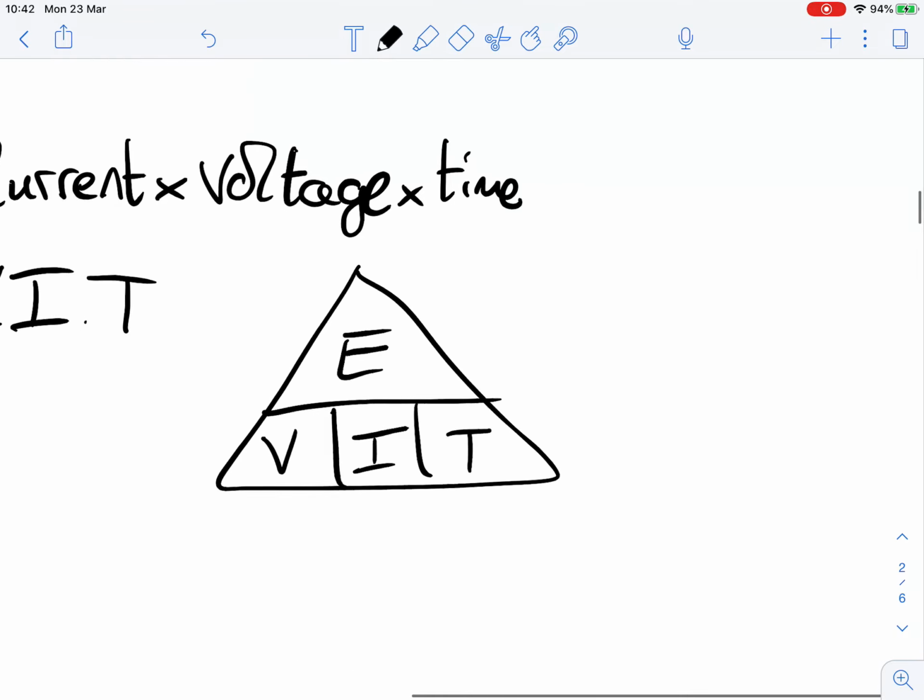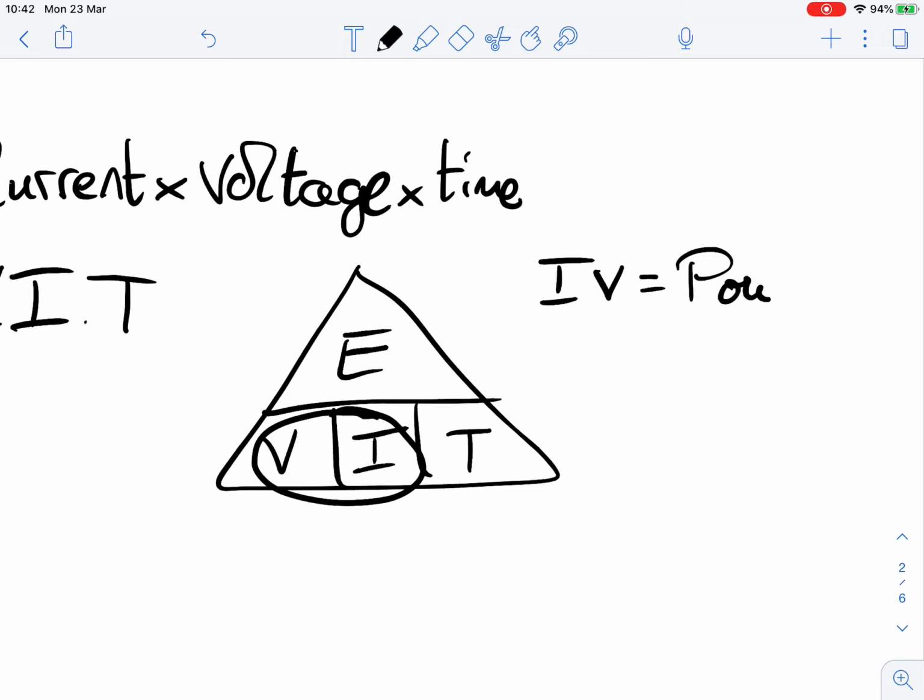And it obviously makes sense, because if we took V and I, well, IV is power. And power, if you remember in the previous energy module, power is energy over time.